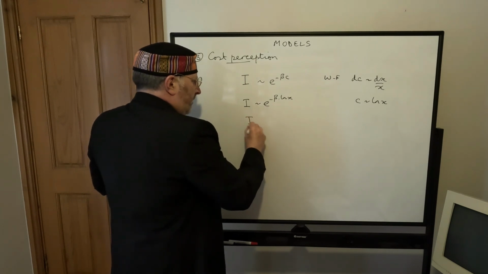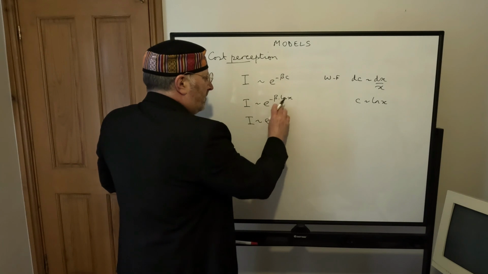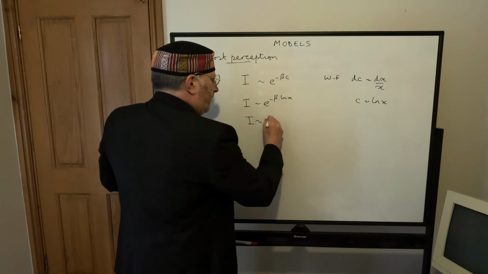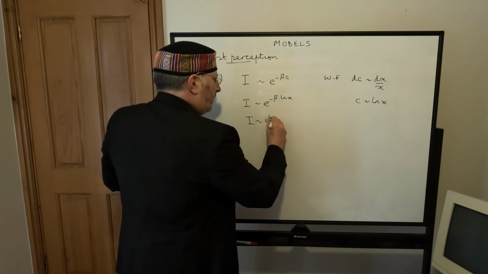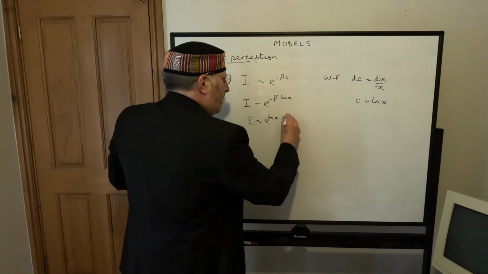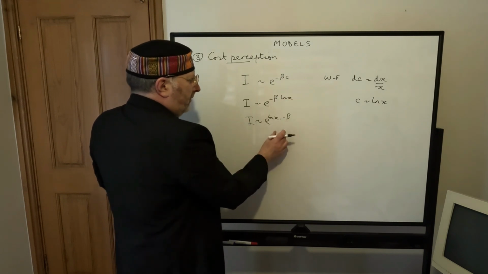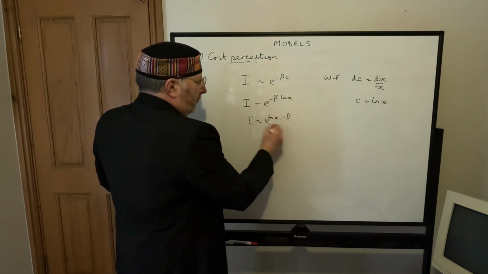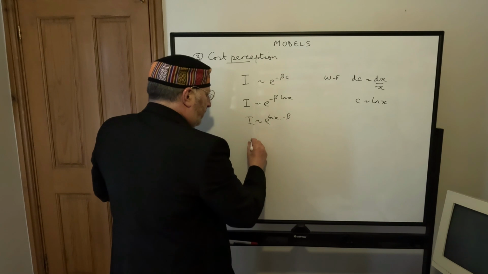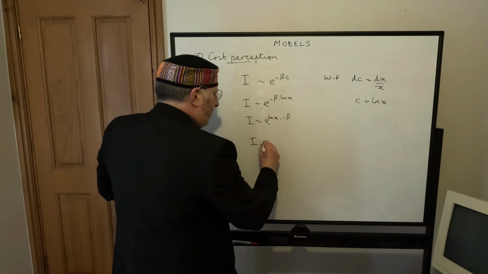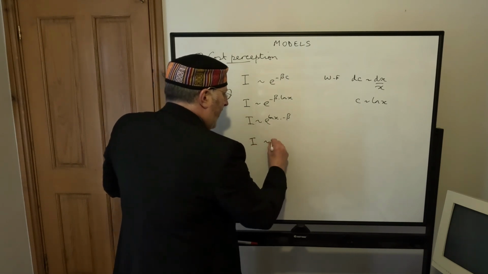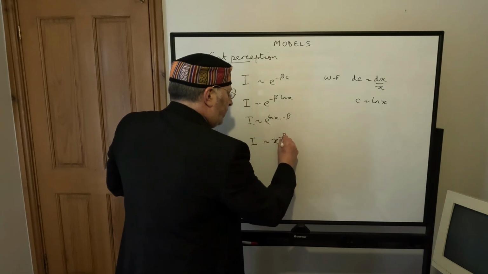So we can rearrange this to put e to the log x times minus beta. And then, of course, e to the log x is just x. So we've got the amount of interaction is proportional to x to the minus beta.